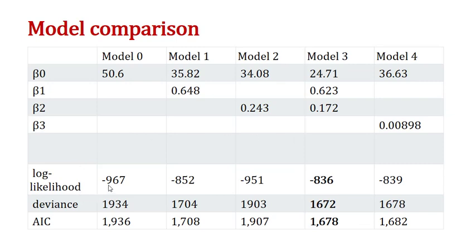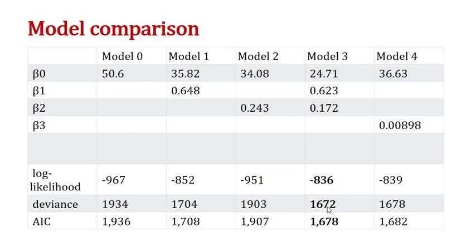So here is the log likelihood of each of the models, and here we highlight that model 3 is the model with the higher value. We are using negative numbers, so this is the higher value, and the deviance transforms this into positive numbers.